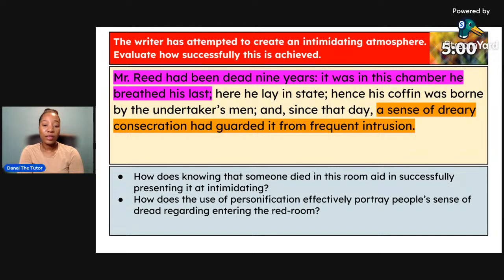So 5 minutes for this one. Great work so far. And keep using that evaluation vocabulary because that helps to distinguish between you analyzing and evaluating. Okay, 5 minutes have started.